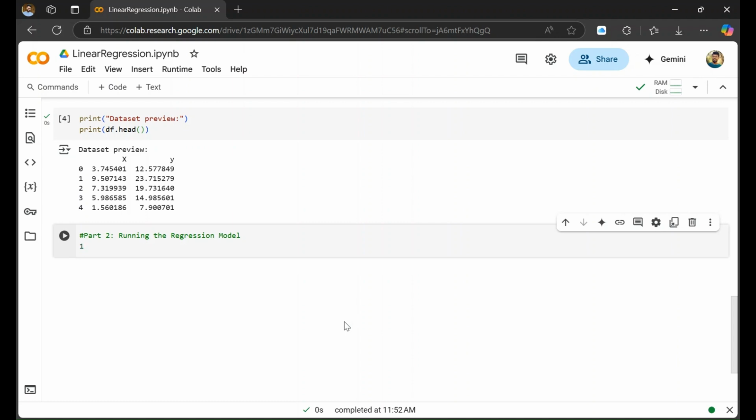One is Scikit-learn, which is for quick implementation. The second one is Statsmodels, for a more detailed statistical output. These are the two popular libraries. Let's start with Scikit-learn.